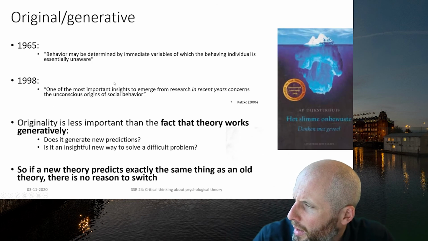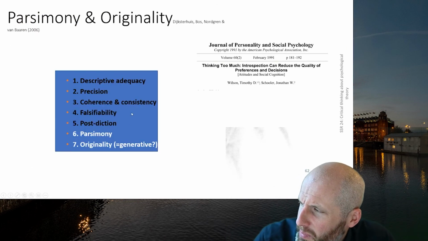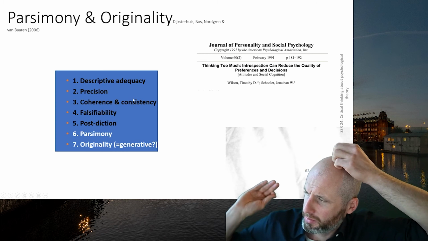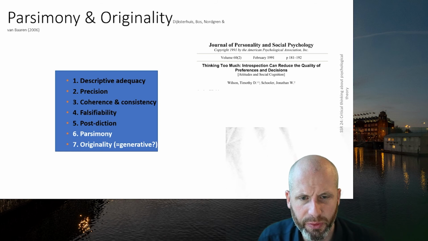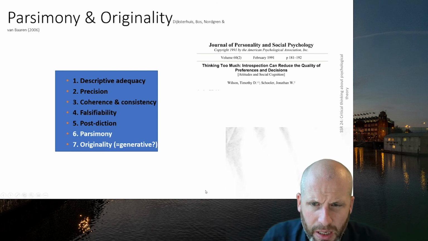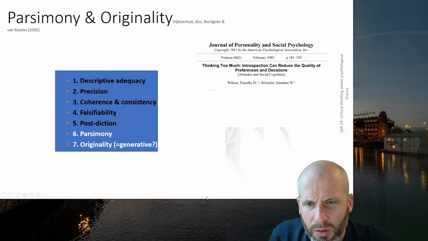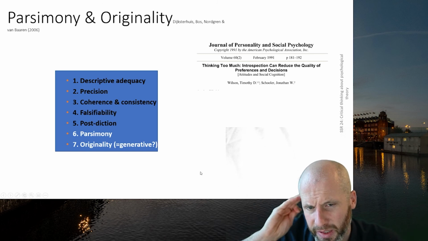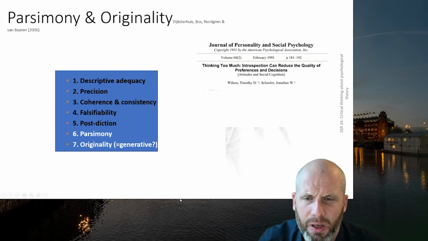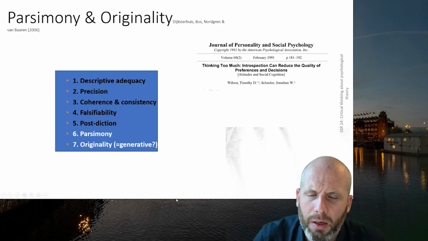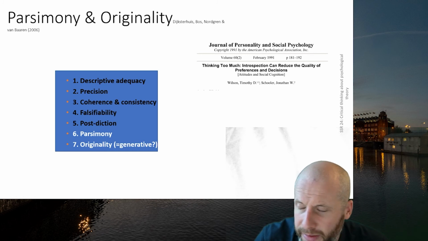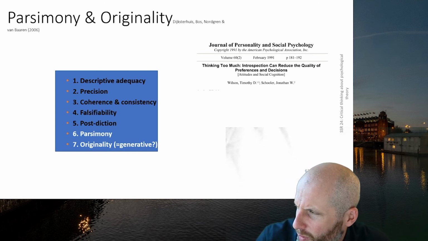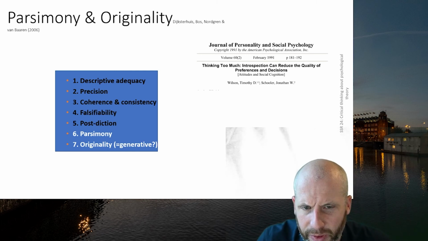So, wrapping it up, we've talked about 6 different criteria which you can use to decide on your preference between 2 competing theories, right? So you should, at the very least, know what those 6 we discussed imply. So you know that descriptive adequacy is related to how well your theory accords with the existing data, so how well it fits the existing data, or is disproven by the existing data, but that's in principle not enough to decide between 2 competing theories.